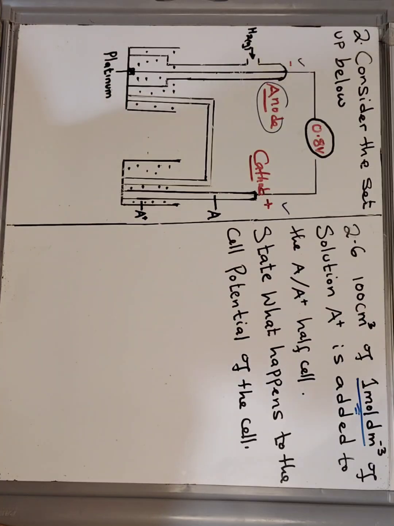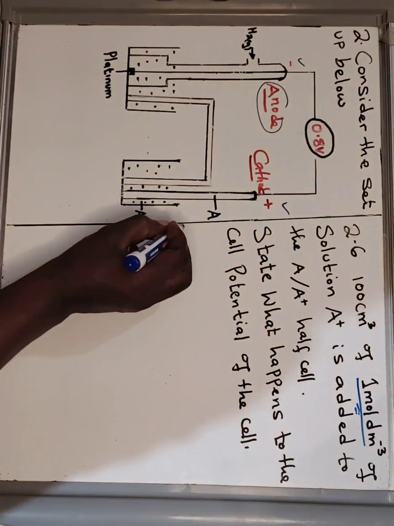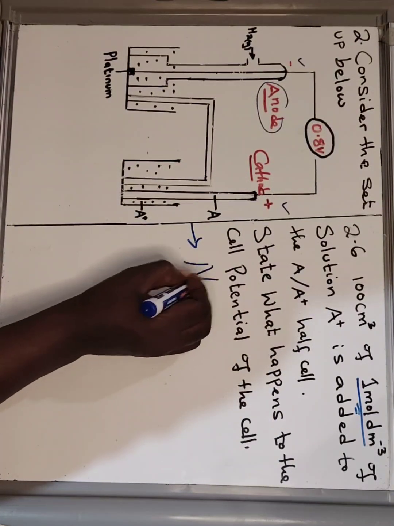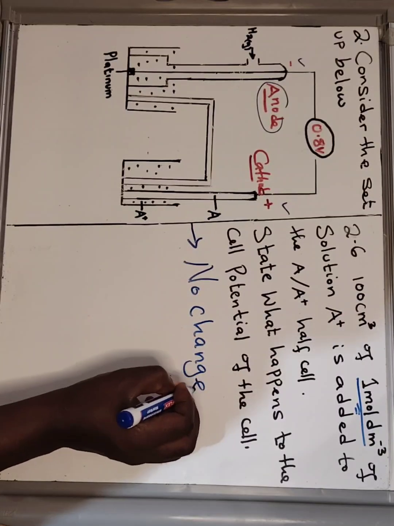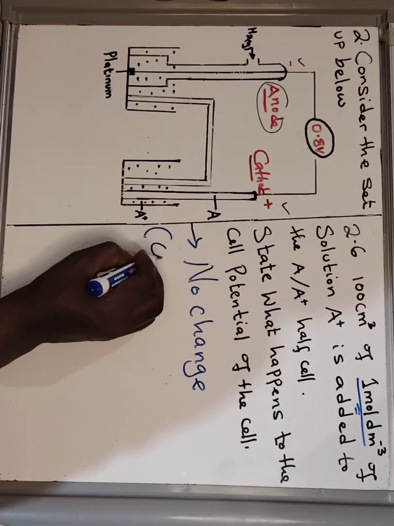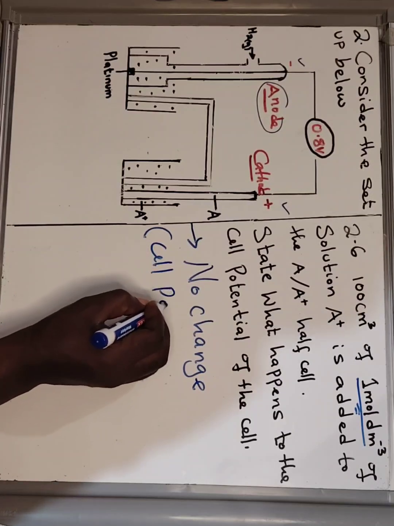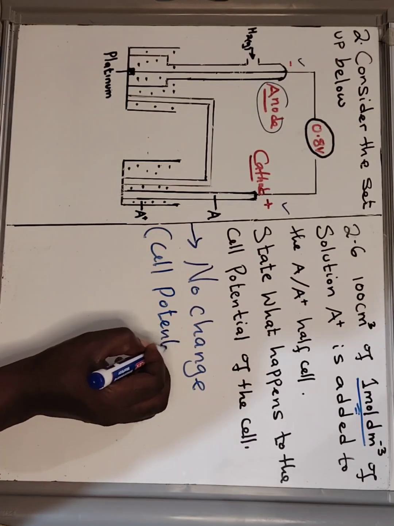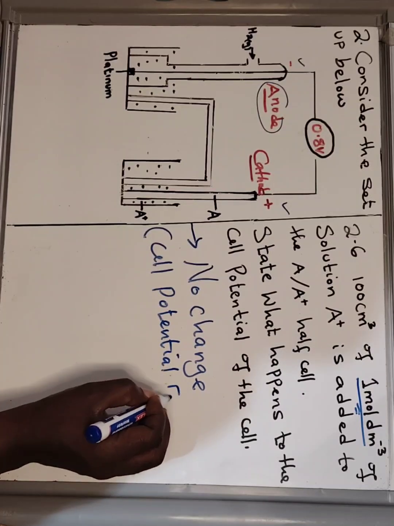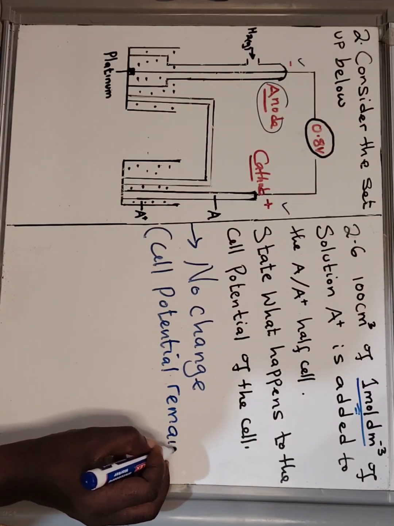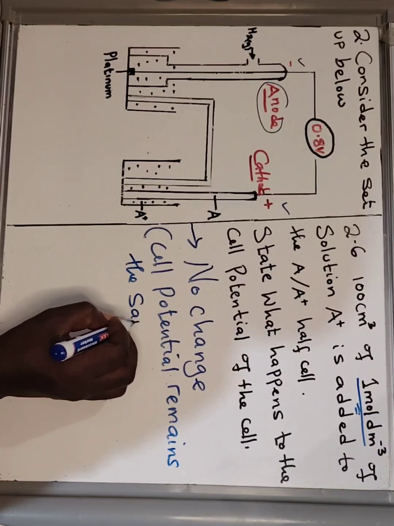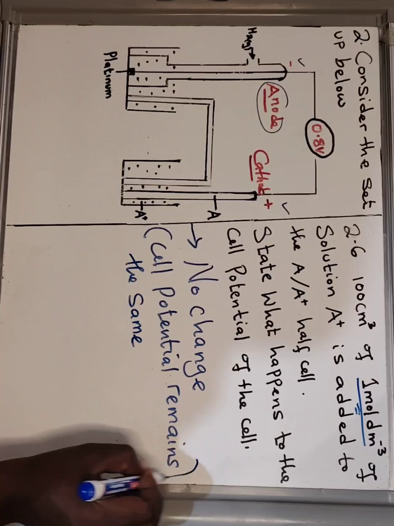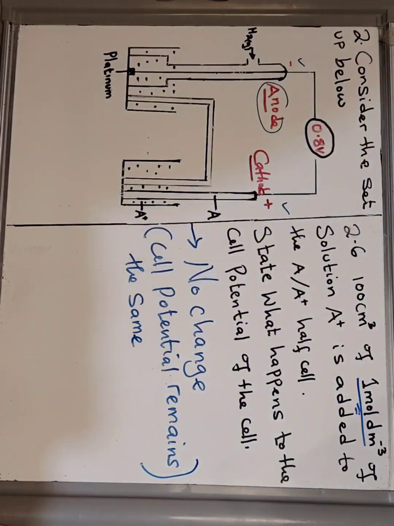So with that background, what is the answer to this question? The answer is no change. In bracket, cell potential remains the same.